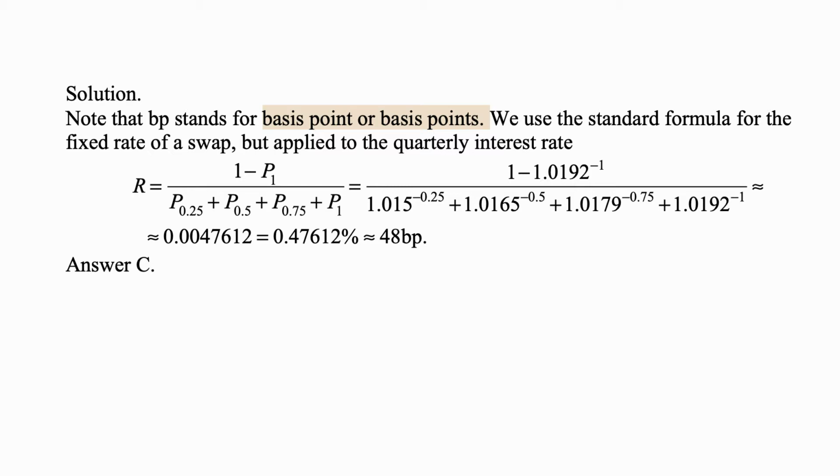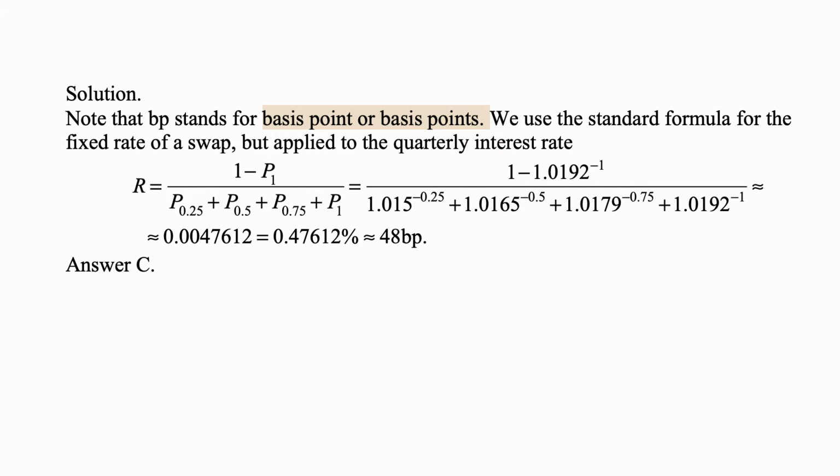But that formula that we're referring to for the fixed rate of a swap gives you the interest rate per period between two payments of the swap. And the payments are at time 0.25, 0.5, 0.75, and 1.